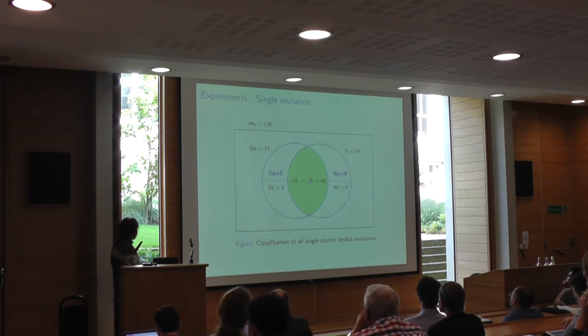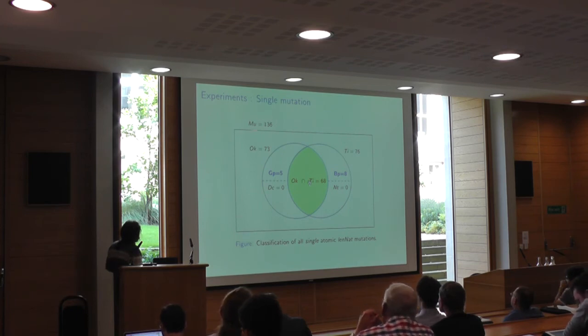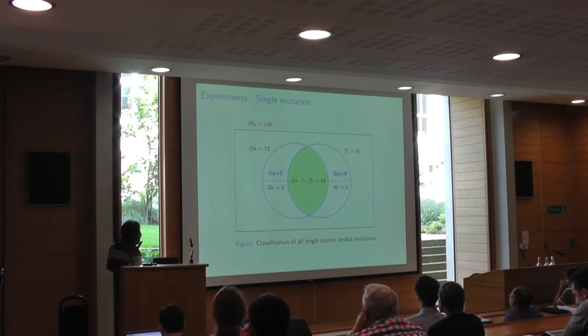And this is the result for one single mutation for the previous example. We got this number of mutations, and over here there are a lot of mutations that we checked before for some kind of sanity analysis. And we got this guy.